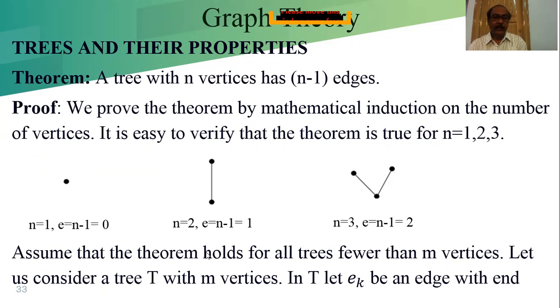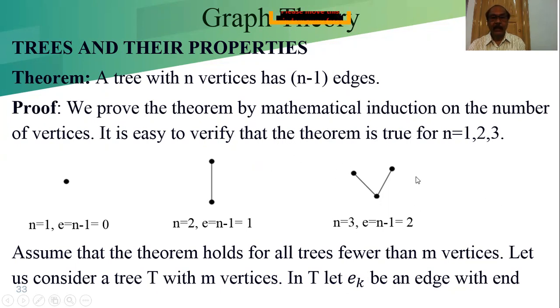So assume that the theorem holds for all trees with fewer than m vertices, and let us consider a tree T with m vertices. We are considering a tree graph, and Ek is an edge of the tree T with the end vertices Vi and Vj.